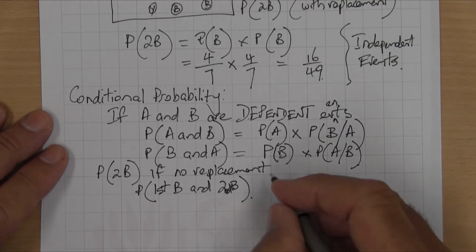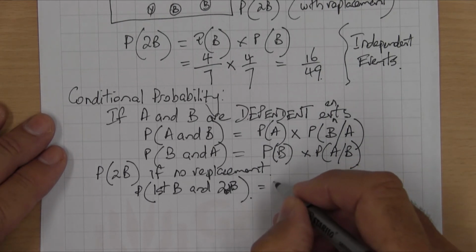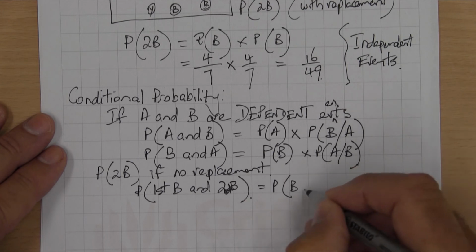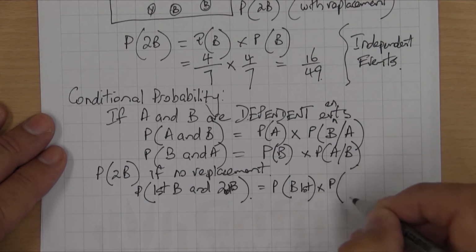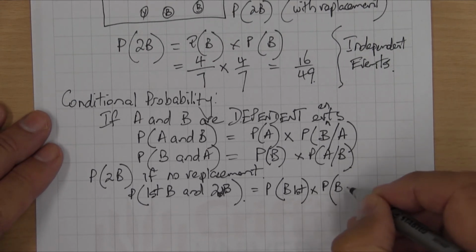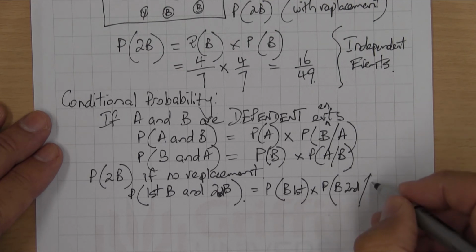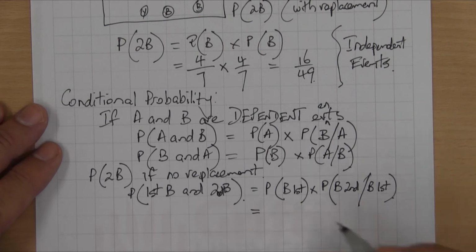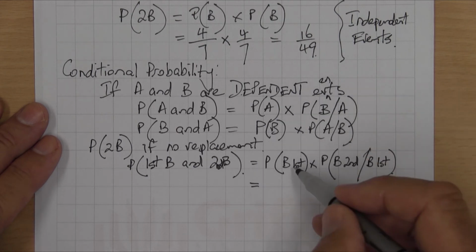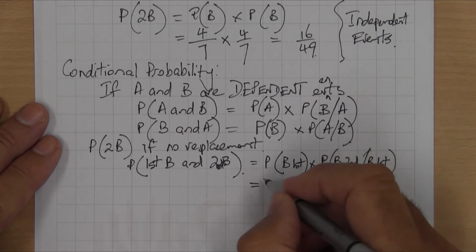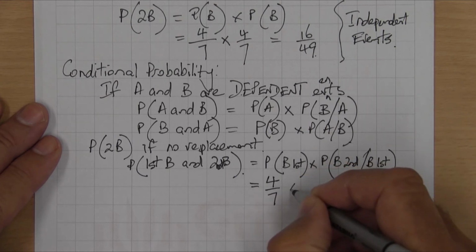First blue and second blue will be equal to the probability you get a blue first times the probability you get a blue second, given that you've got a blue first. Okay, what's the probability you get a blue first? You've got 7 in there and there are 4 blues, so that will be 4 over 7 times.